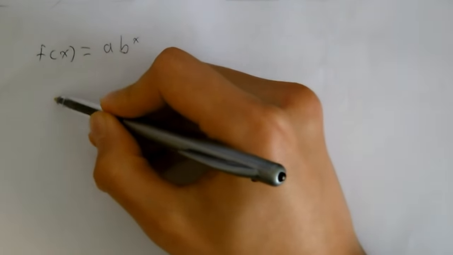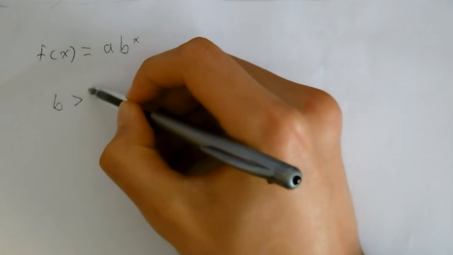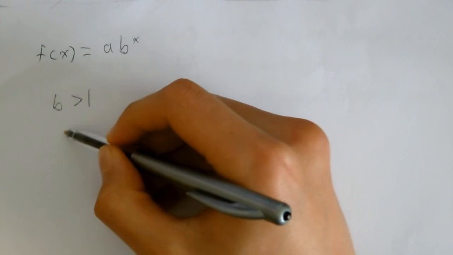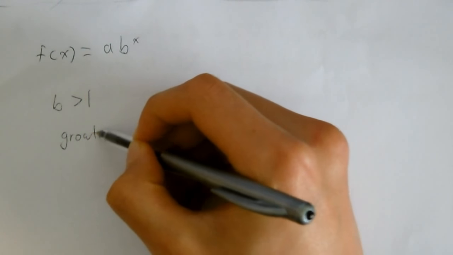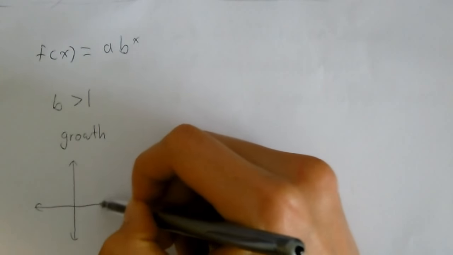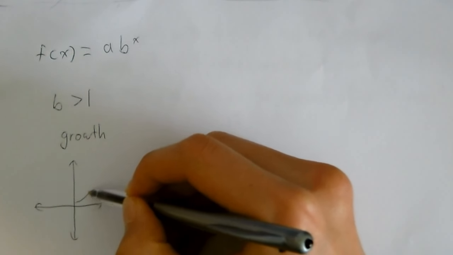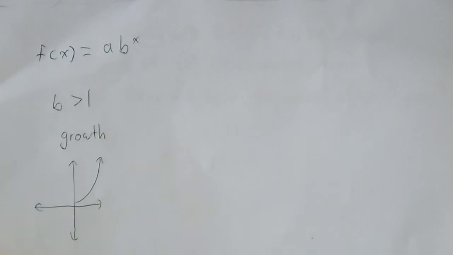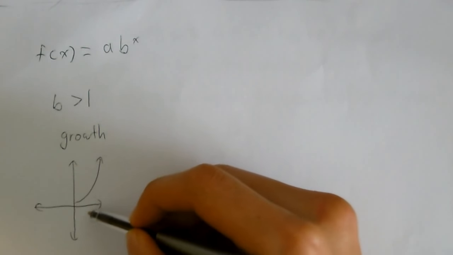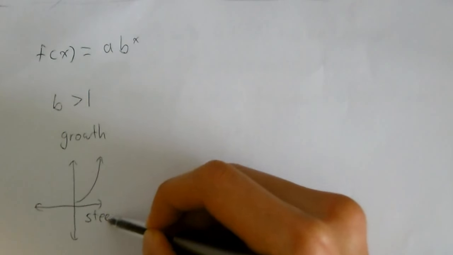If b is greater than 1, then we say the function has exponential growth, and when graphed, as you can see, the slope increases, which means the graph gets steeper.